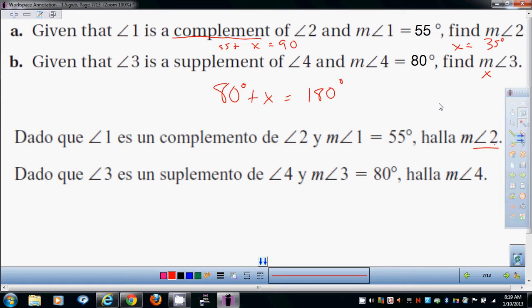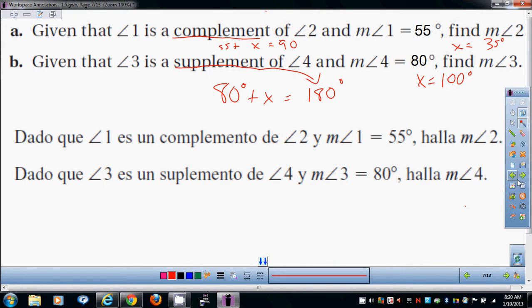So subtract, and what do you get? Hey, there's nothing wrong with that. Checking your work. There you go. 100 degrees. Supplement means 180 degrees. Complement means 90 degrees. Thank you. Questions? Key pieces of vocab.